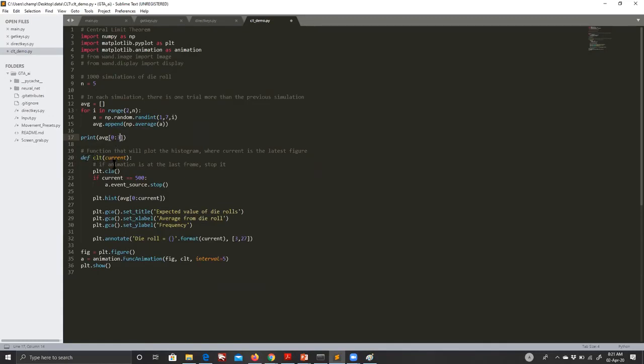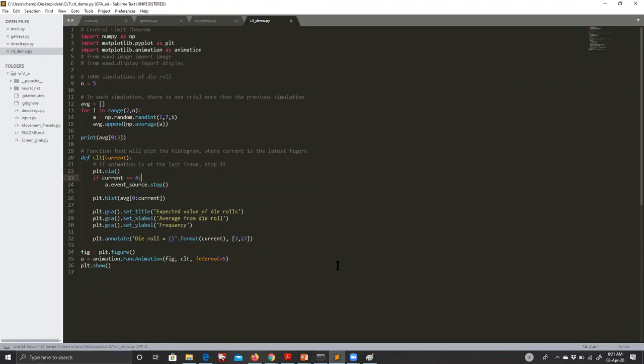And I have defined a function called CLT, which will just plot something. So maybe let's restrict it to a smaller number. It will just plot things, and it will annotate all of this stuff. And this animation function is just going to show you in intervals of 4 or 5, but don't worry, let me show you how it looks.